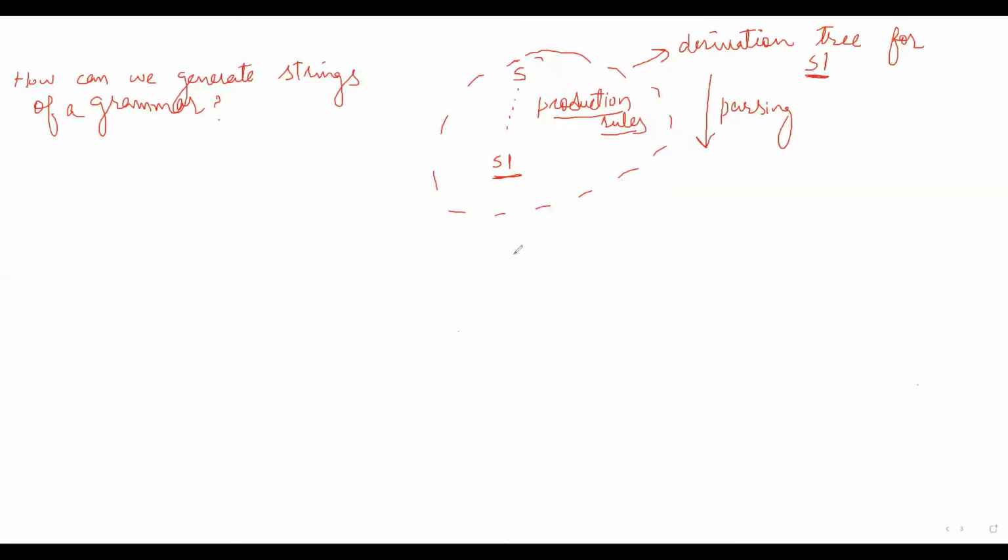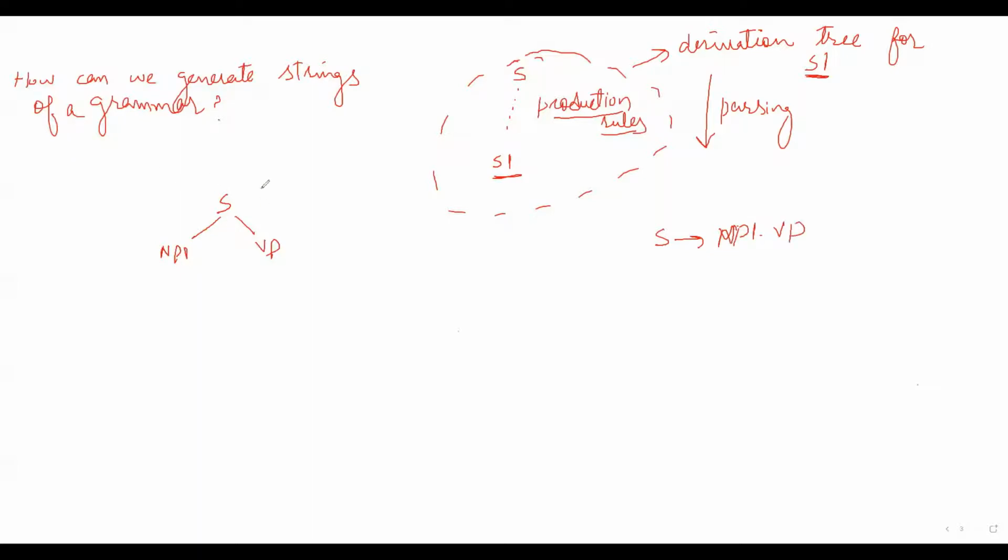Okay. Now let me give an example. In our previous example, I was saying that a sentence is made of two parts, noun phrase 1 and verb phrase. So the rule was sentence can be written as noun phrase 1 and verb phrase.